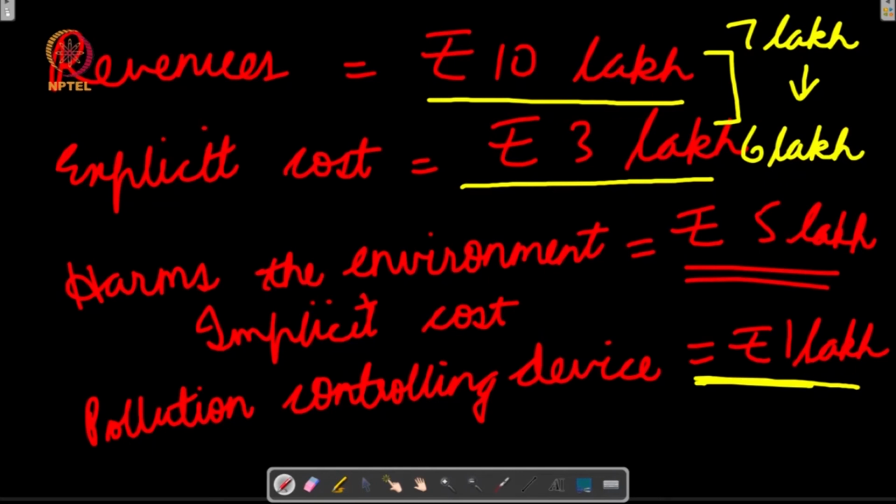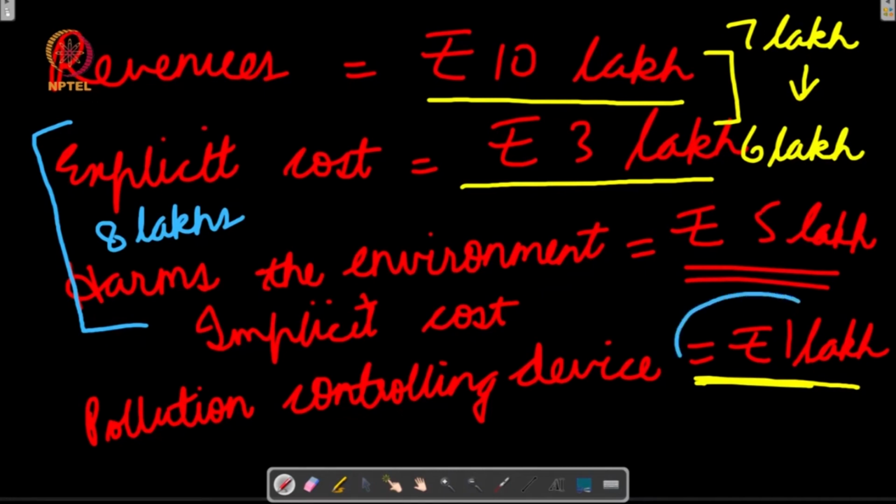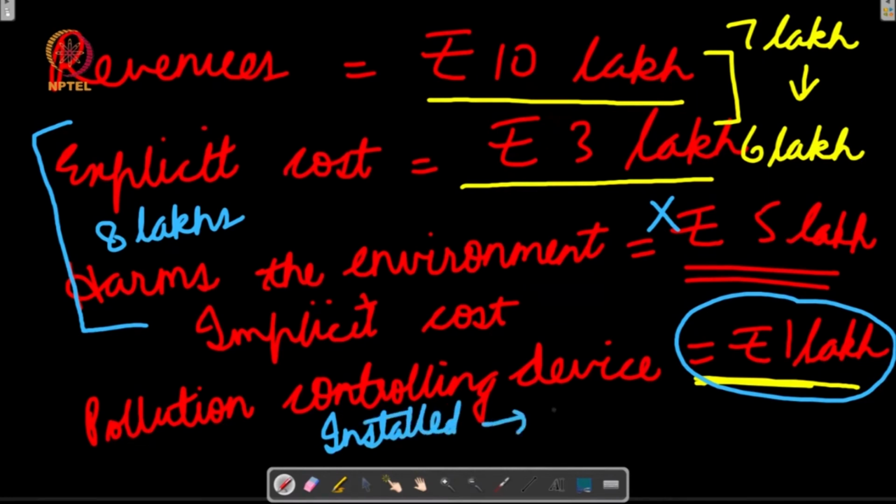Whereas the economist would say that currently the total cost, which is the explicit cost plus the implicit cost, is 8 lakhs. But if the device gets installed, we will have the extra explicit cost, but we will forego this implicit cost. So once the device gets installed, the total cost would be 3 lakhs of the explicit cost today plus 1 lakh is 4 lakhs, but we will be saving on this 5 lakhs.